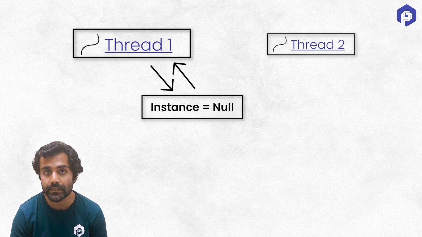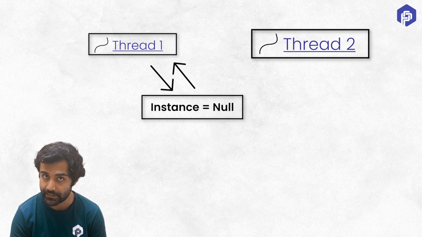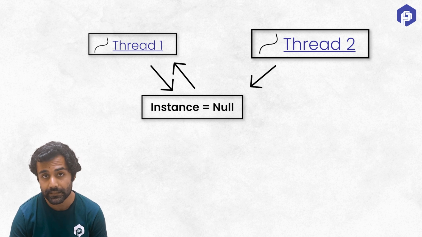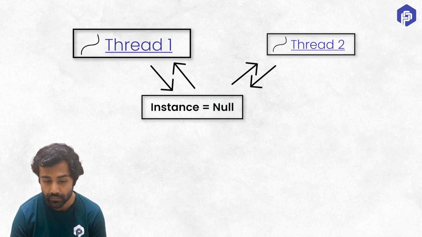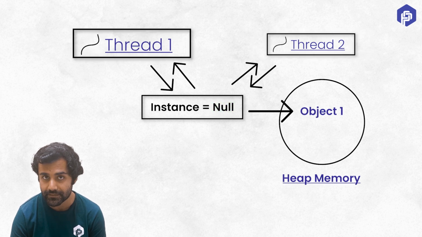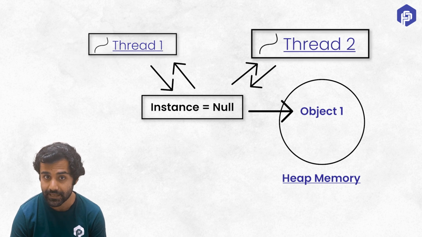Now, let's say the CPU scheduled some other thread which got inside and that also saw that instance is equal to null. But wait. Thread 1, which had already seen that the instance is null, would now, in the next step, whenever it is scheduled, go ahead and create an object of it, right? And after that, when thread 2 comes back, it will also end up creating another object of it.